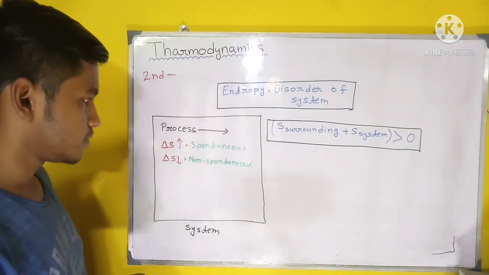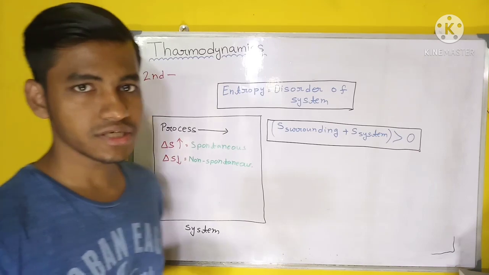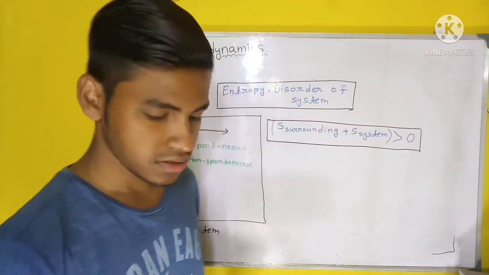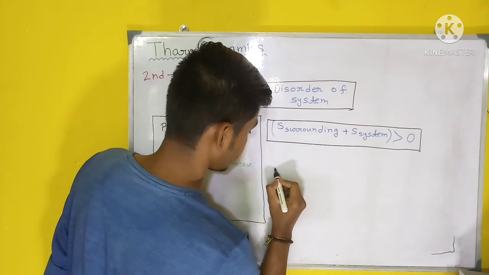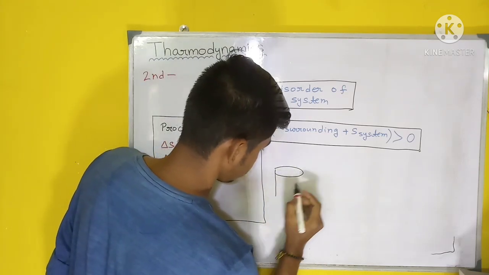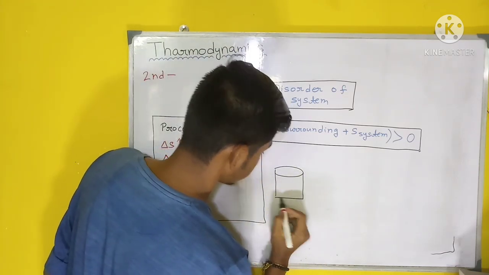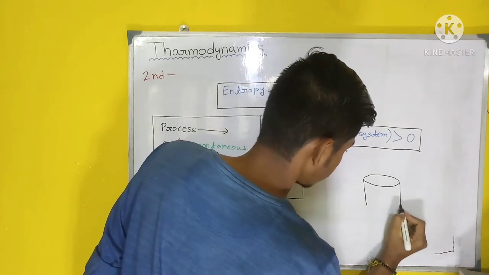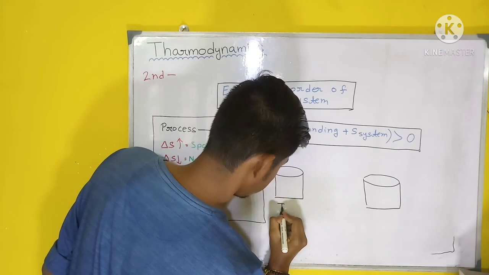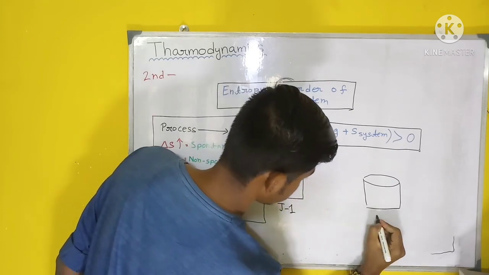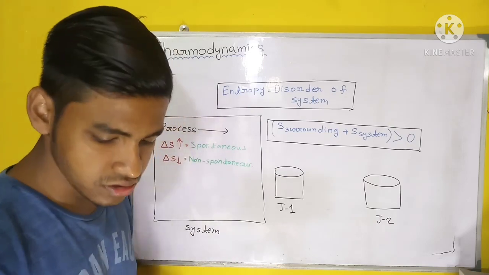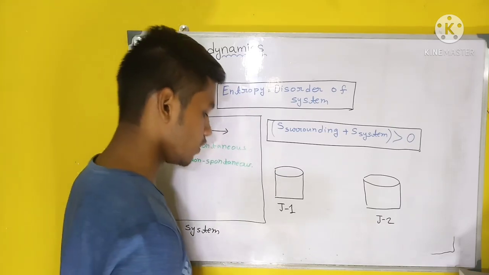And suppose, guys, we elaborate entropy again with an example. Suppose it is a jar, and it is also a jar. It is jar number 1, it is jar number 2, and in both jars there are some balls.